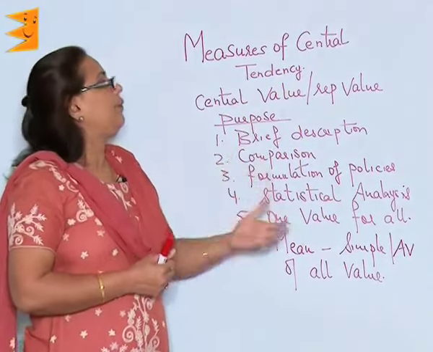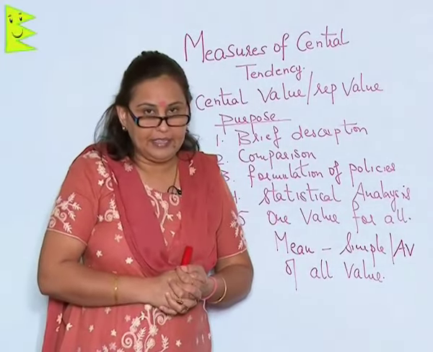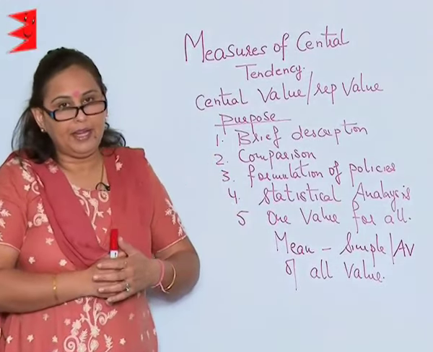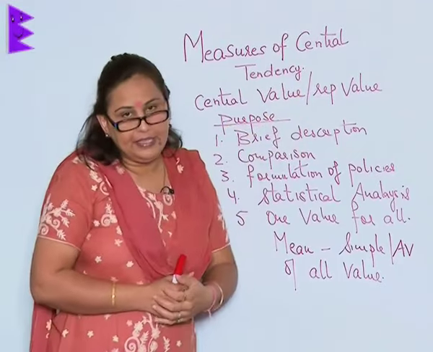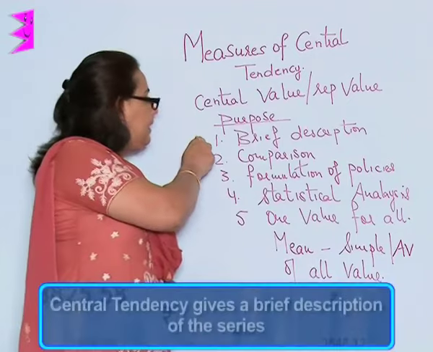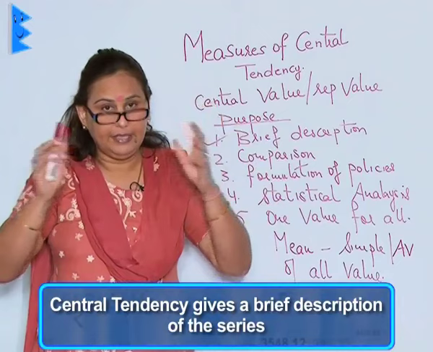And why should we have the central value or central tendency? Why should we know it? What is the purpose behind finding out the central tendency of the series? The first is that this gives a brief description of the series.